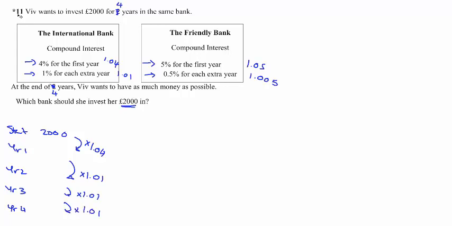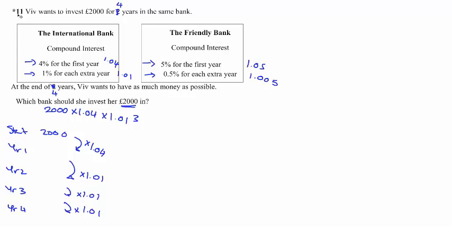Ignore what I say, what I write is actually correct. So you could literally just get the calculator out and do 2,000 times 1.04 times 1.01 to the 3, and there's no quicker way of doing that, but it's not very long either. Hopefully that makes sense as well.